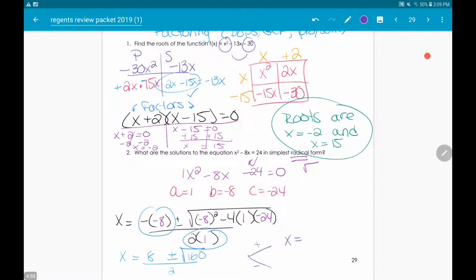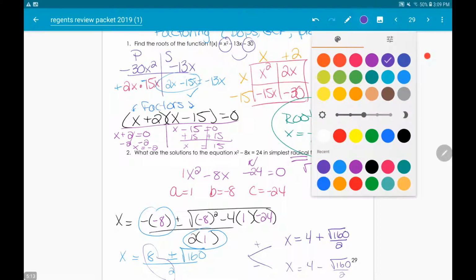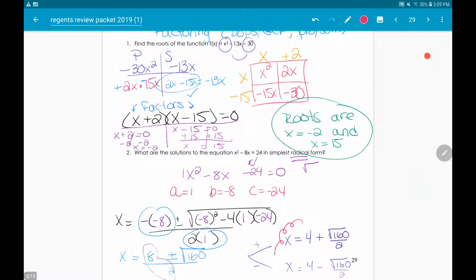X equals, I'm going to do 8 divided by 2. That's 4. Plus square root 160 divided by 2. And I'm going to leave that as my answer. So my final answer is these two solutions. All right, let's flip to the next page.